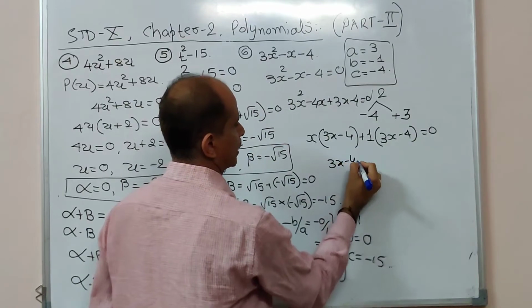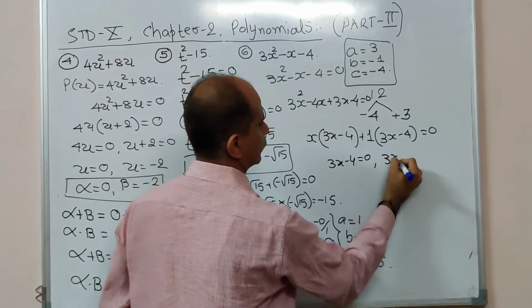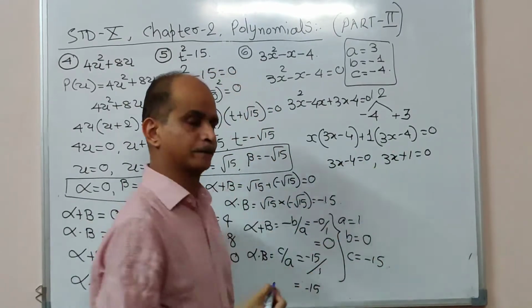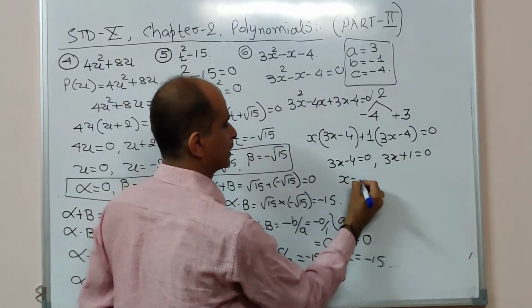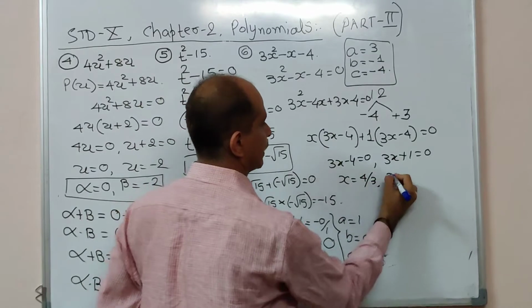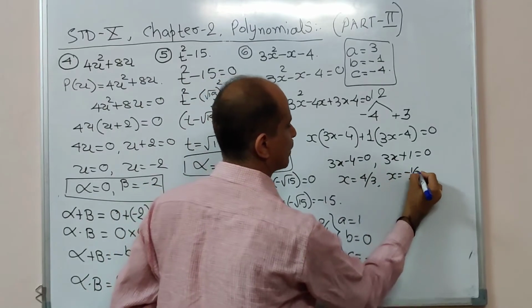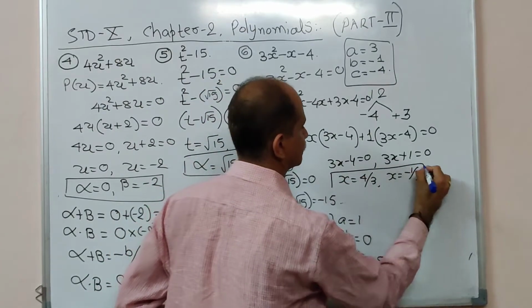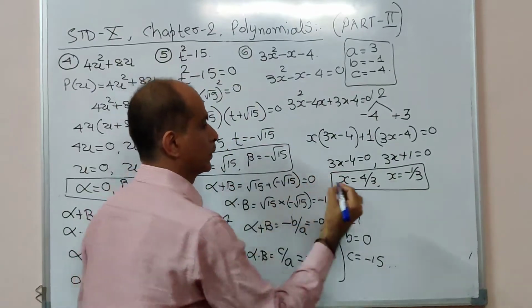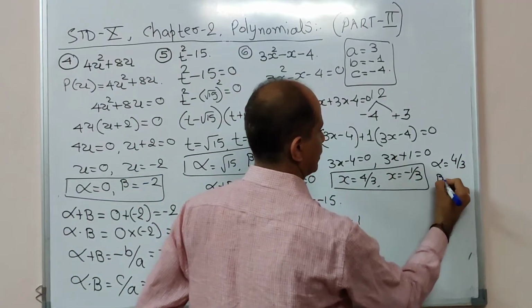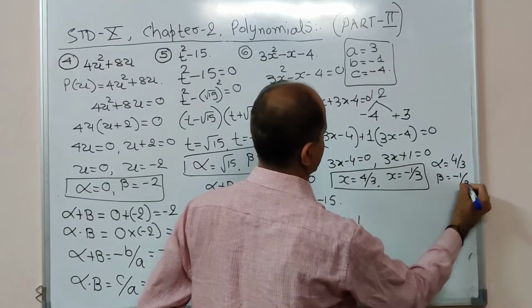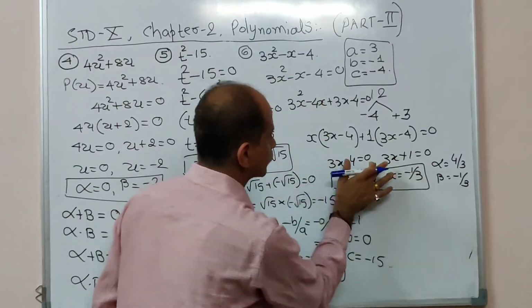So 3x minus 4 is equal to 0 and 3x plus 1 is equal to 0. So you can easily find the value of x. Here x is equal to 4 by 3 and x is equal to minus 1 by 3. So your alpha is equal to 4 by 3 and beta is equal to minus 1 by 3.